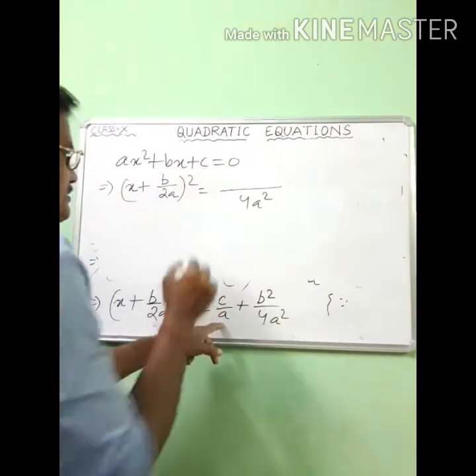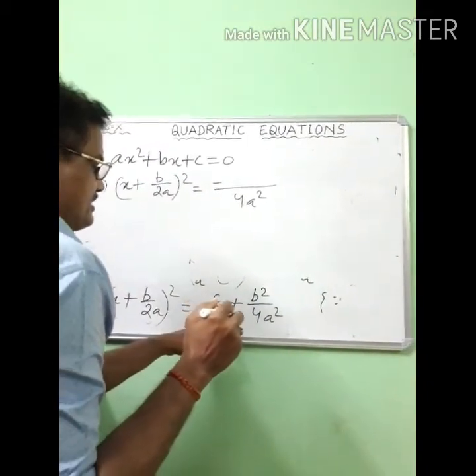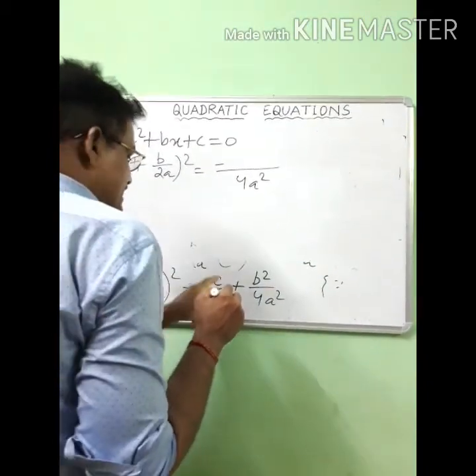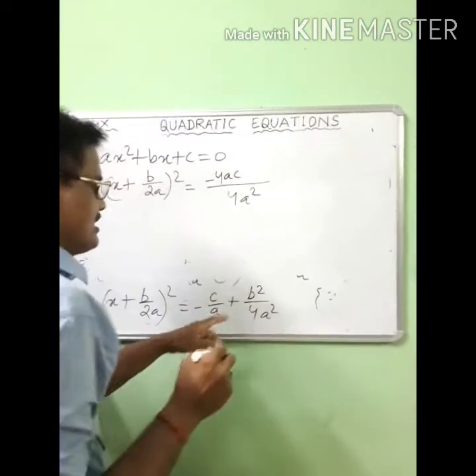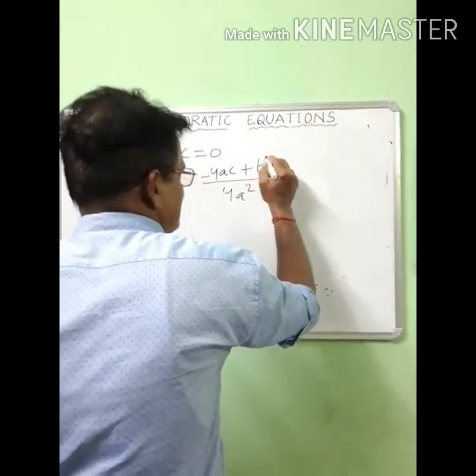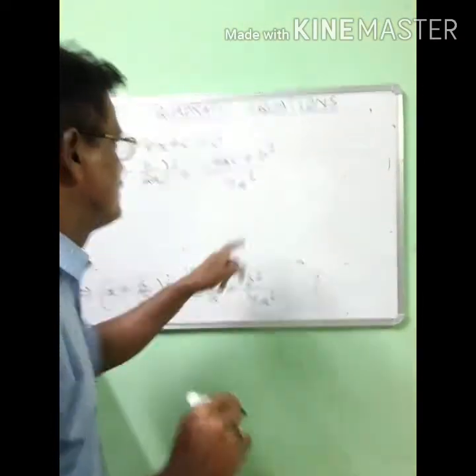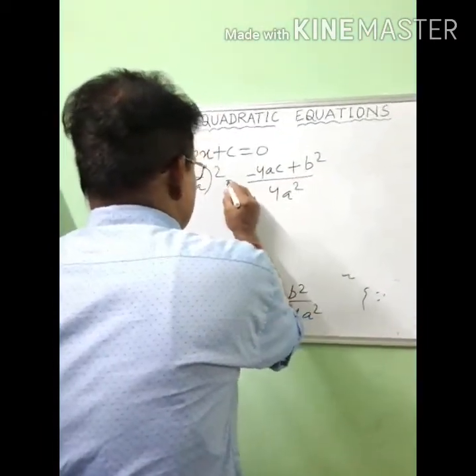Here minus 4a square means minus 4ac, plus b square. Clear? Minus of 4ac plus b square by 4a square on the right side.